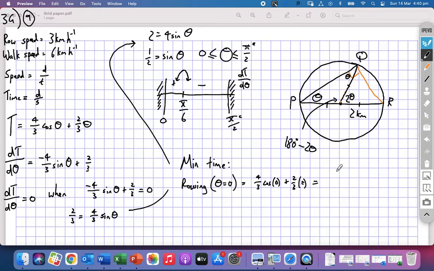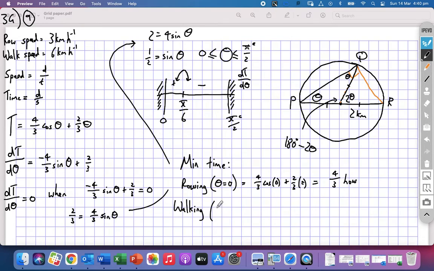So we get 4/3 of an hour, which is actually quicker than what we had before. So he rowed the whole way. It's quicker than if he goes at a 30-degree angle. Walking the whole way, maybe that's the quickest way to go.